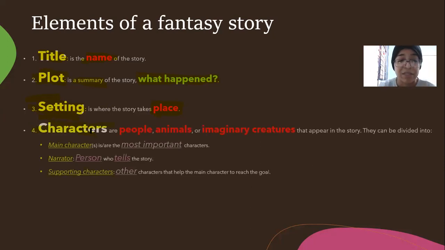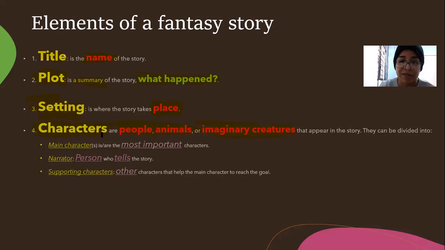number 4, characters. ¿Qué son los characters? Vamos a ver. Characters are people, like you and me, animals, or imaginary creatures that appear in the story. They can be divided into people, animals, or imaginary creatures. The person that is doing the action.